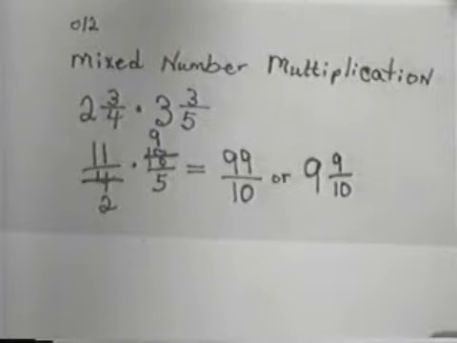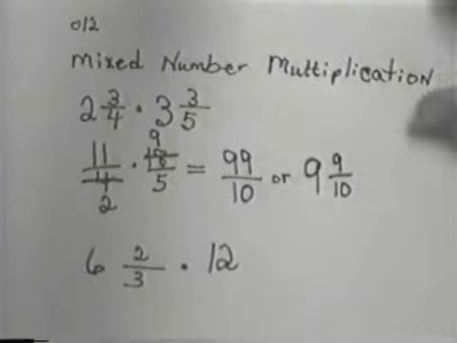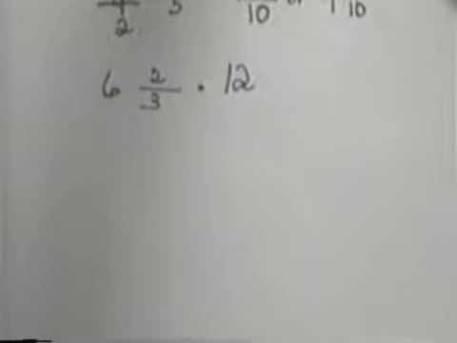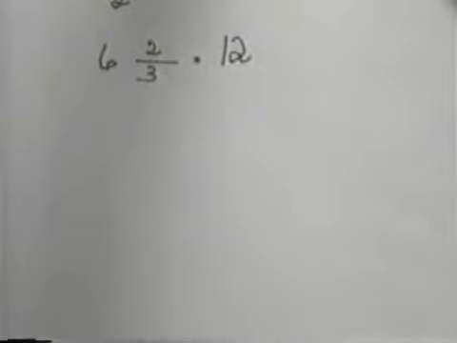Let's look at another example. This time, let's multiply 6 2/3 by 12. So we're going to change the 6 2/3 into an improper fraction.